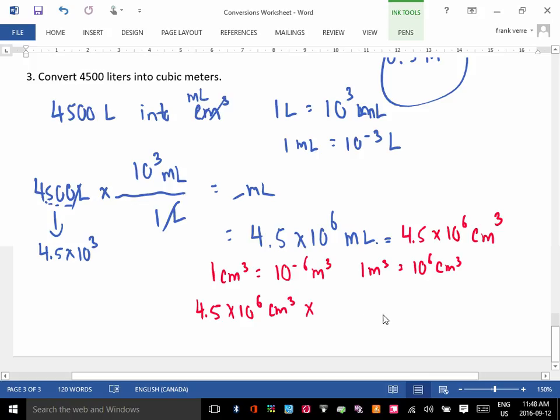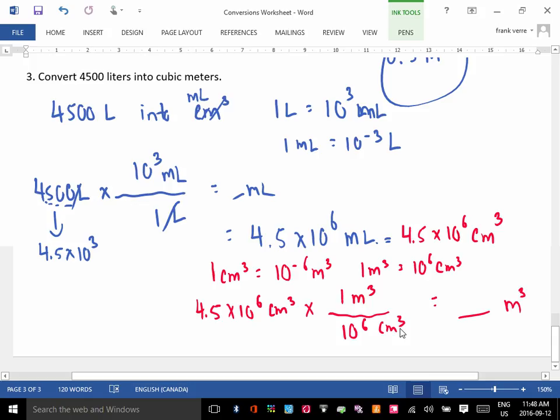We want to get rid of cubic centimeters, so we'll put cubic centimeters on the bottom. And we want our final answer to be in cubic meters. Okay? So we could say 1 cubic meter is the same as 10 to the 6 cubic centimeters.